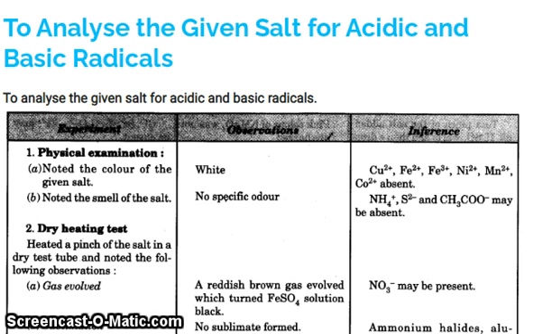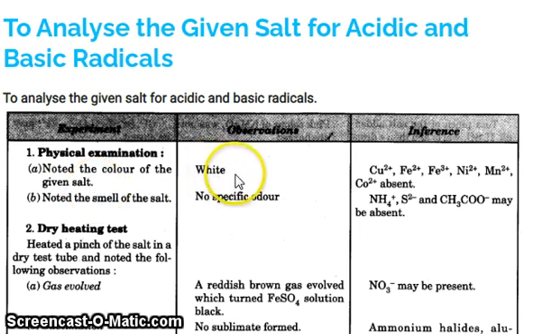What will you do? First you have to write in this way: experiment, observation, inference. This is the writing style, and you give the titles. Then physical examination. First, physical examination. Note the color of the given salt.